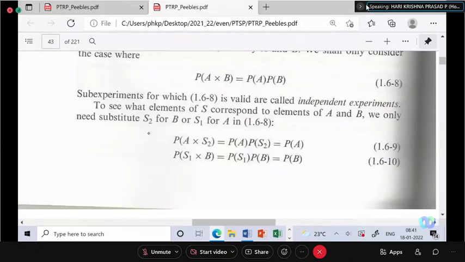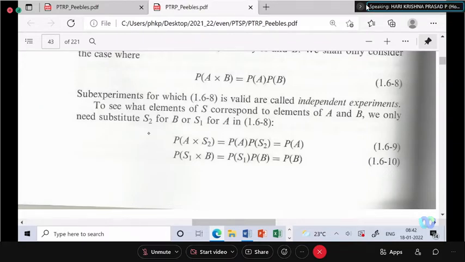So probability of A cross S2 is nothing but probability of A into probability of S2. That is nothing but probability of A. Probability of S2 is nothing but the combined sum of probabilities of all the elements. When you consider the whole sample space, the sum of the probabilities of the individual outcomes happening is 1.